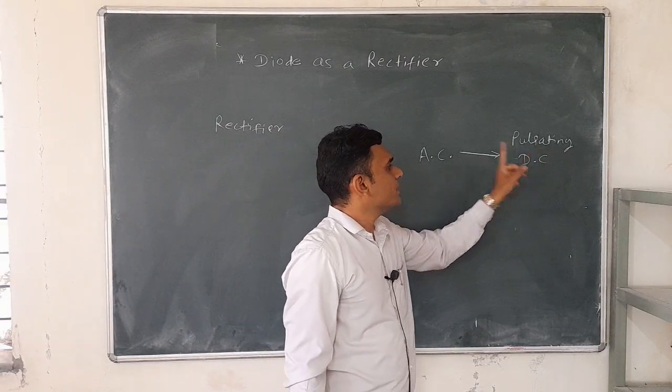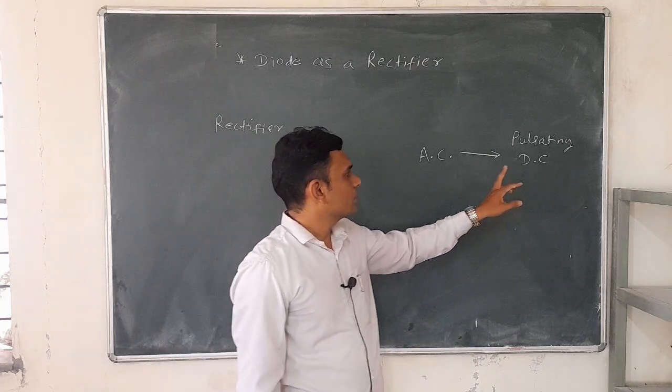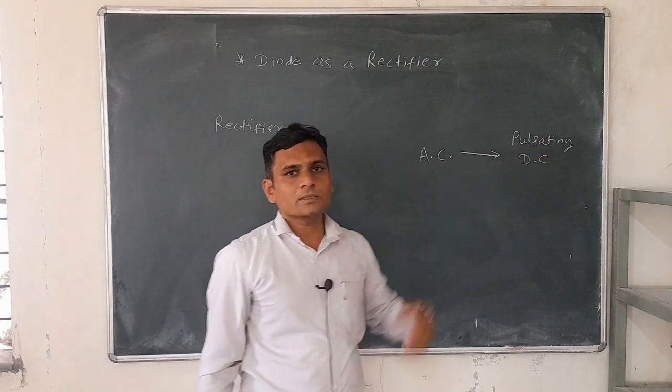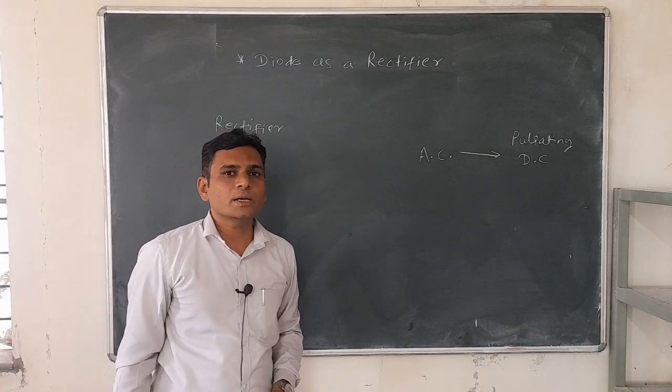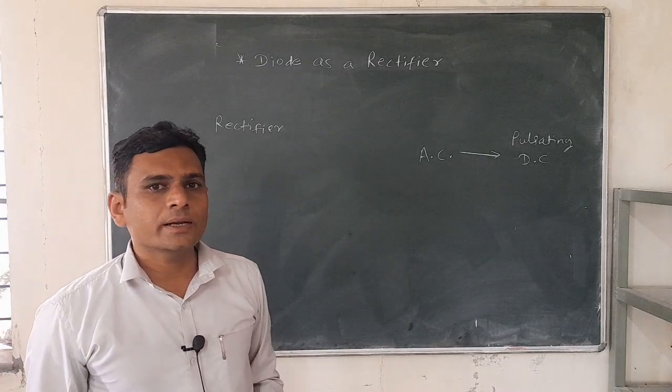Here pulsating DC is not a pure DC signal. This pulsating DC is further converted into pure DC signal by using filter and regulator circuits.